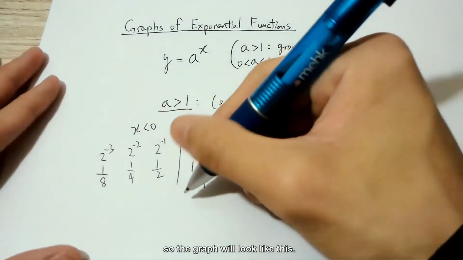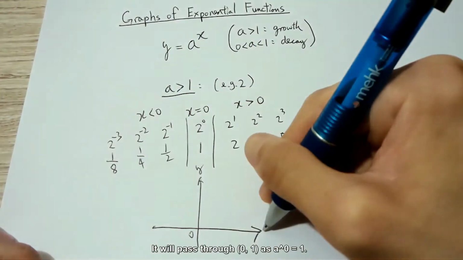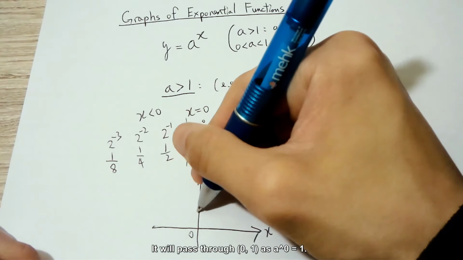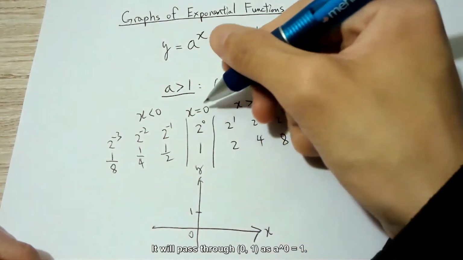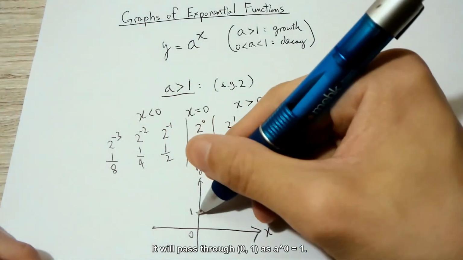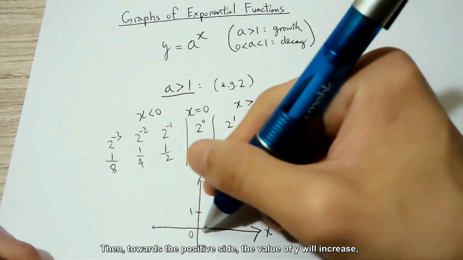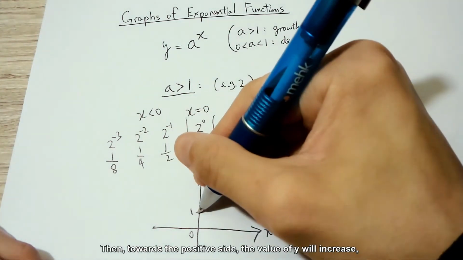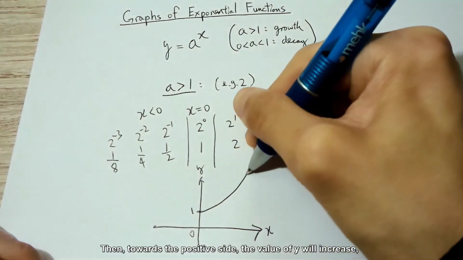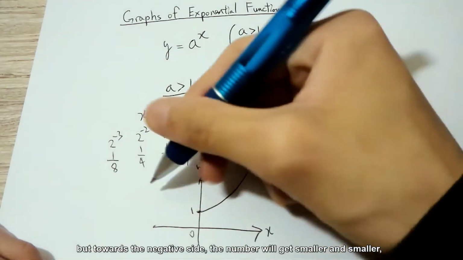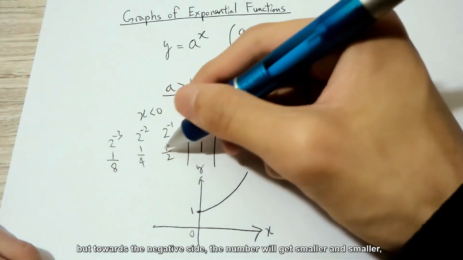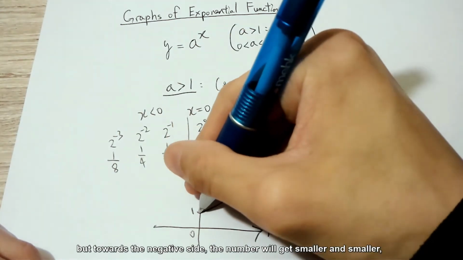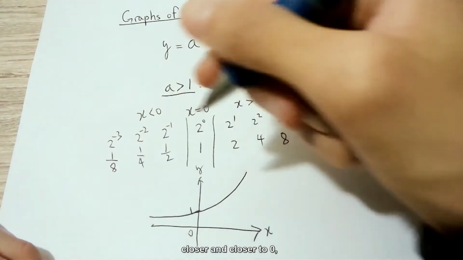So the graph will look like this. It will pass through (0, 1) here, as a to the power 0 is equal to 1. Then towards the positive side, the value of y will increase. But towards the negative side, the number will get smaller and smaller, closer and closer to 0.